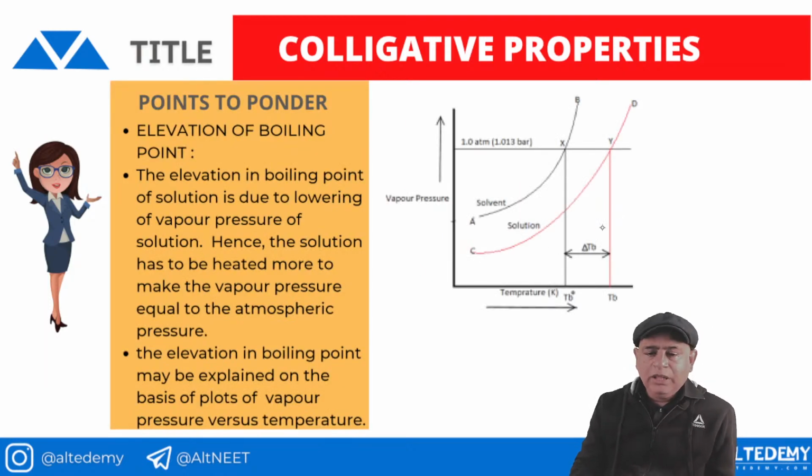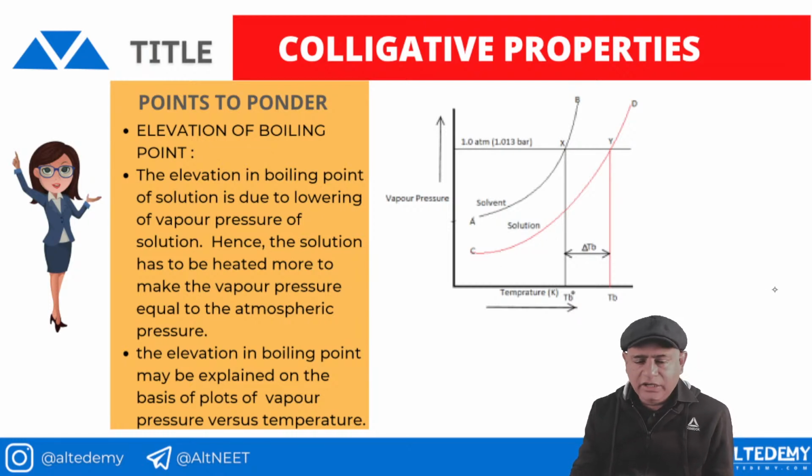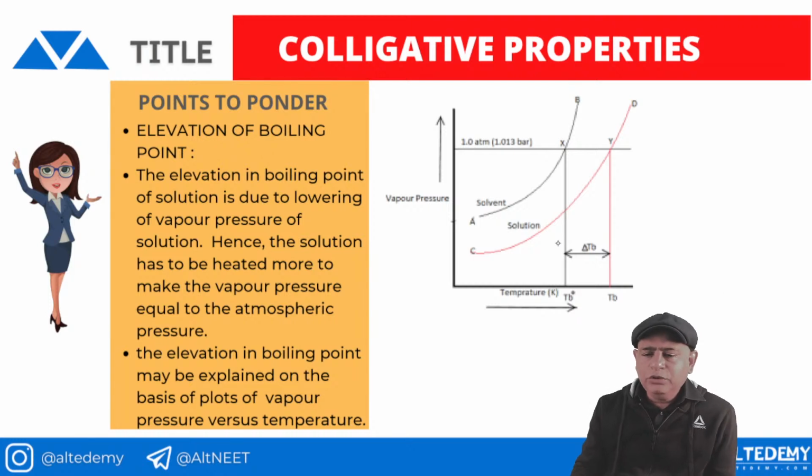We have tried to elaborate it with an example, though the diagram is not very clear as I wanted, but you can understand if you concentrate a little bit. It is just an extension of the diagram that we have drawn for depression in freezing point. Suppose this line A is the line for the solvent.